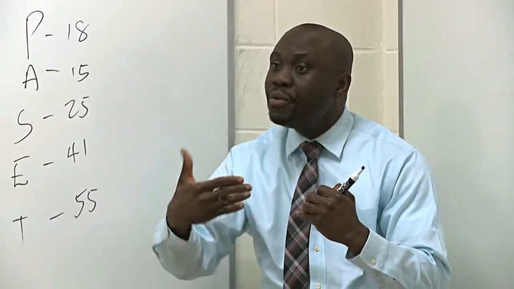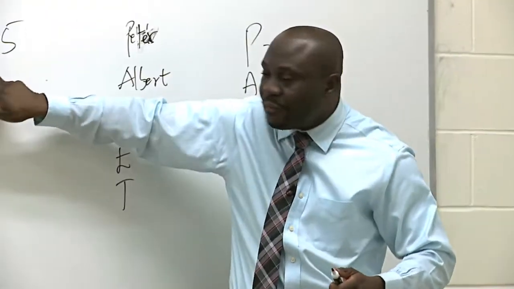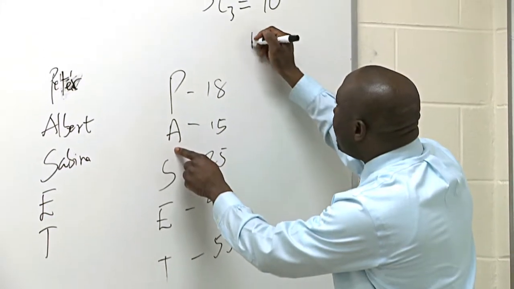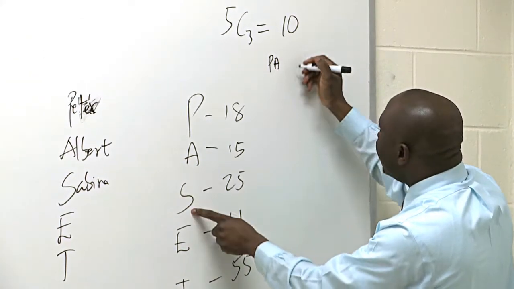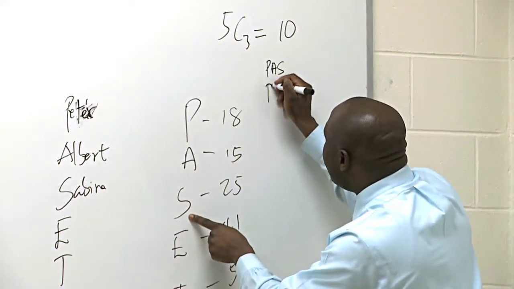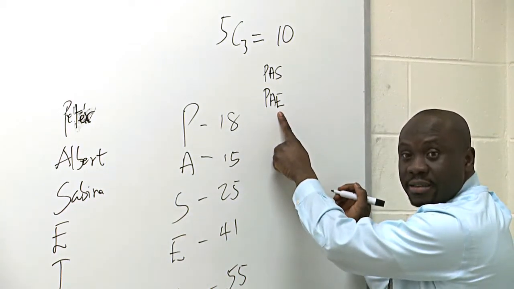So I'm going to help you visualize these 10 groups. First group can be Peter, whoever that guy is, and Sabina. It could also be Peter and that.